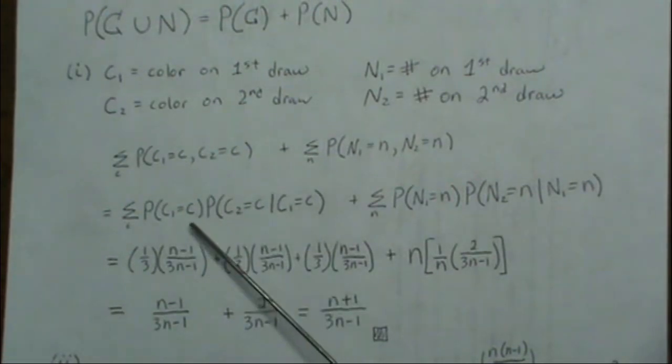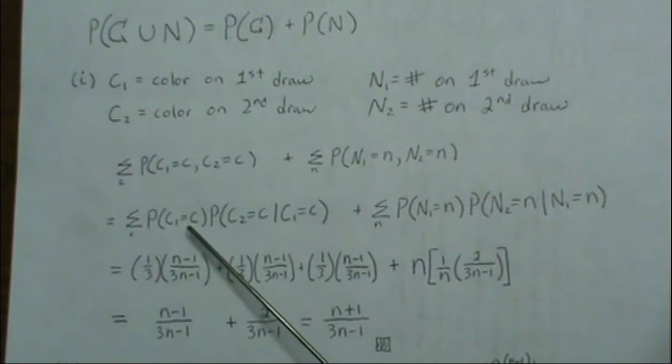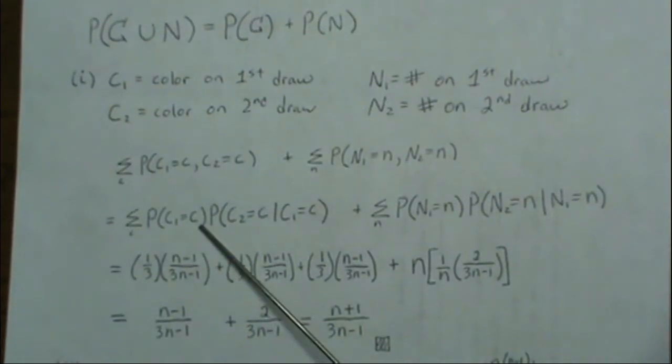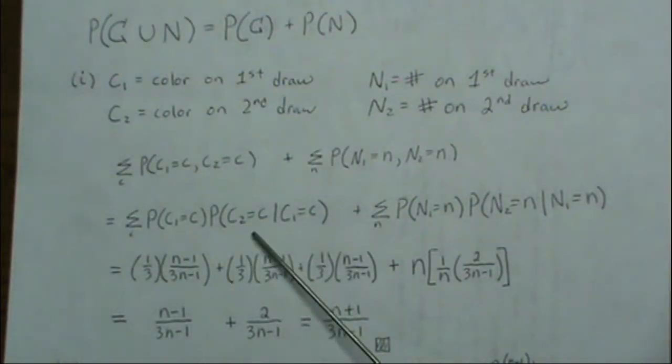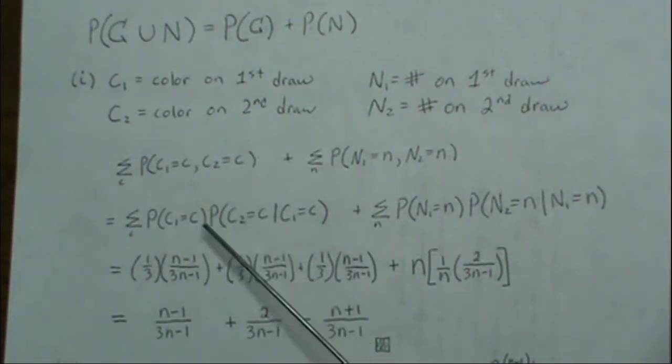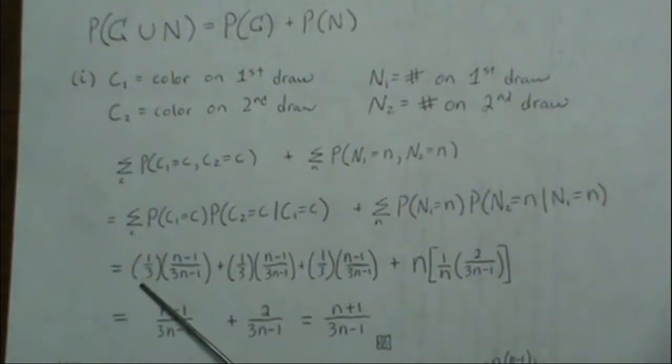And I like that because we can find the probability of drawing a specific color, and then once we know what color is drawn the first time, we can find the probability of drawing that same color the second time. So we have to sum over each color. So let's do white first. The probability of drawing a white is 1/3.